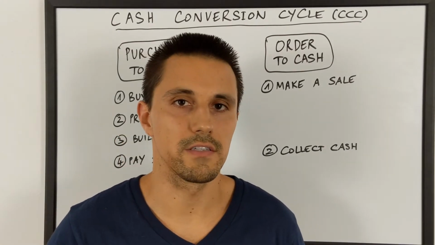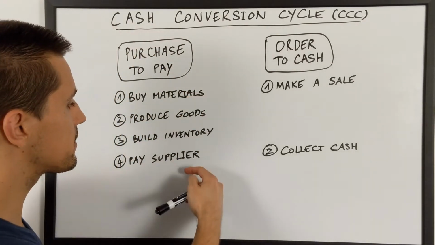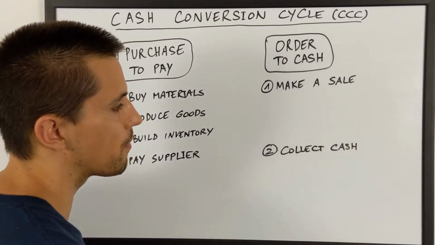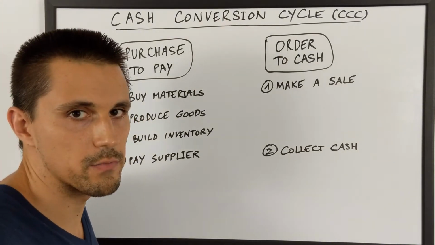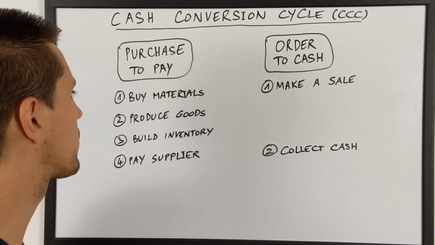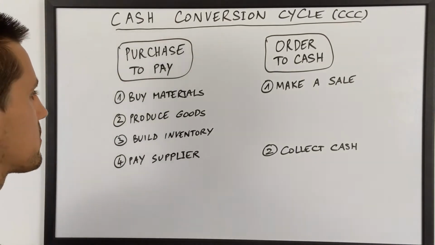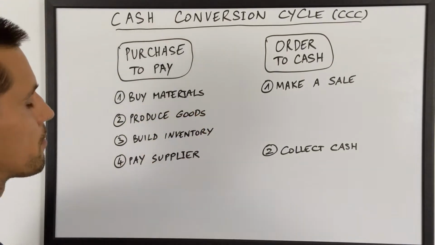So now I have a question for you. Where in these four and where in these two points is cash involved? Where do you see cash going in or going out? Well, let's go through it together. Buy materials, so purchasing material.